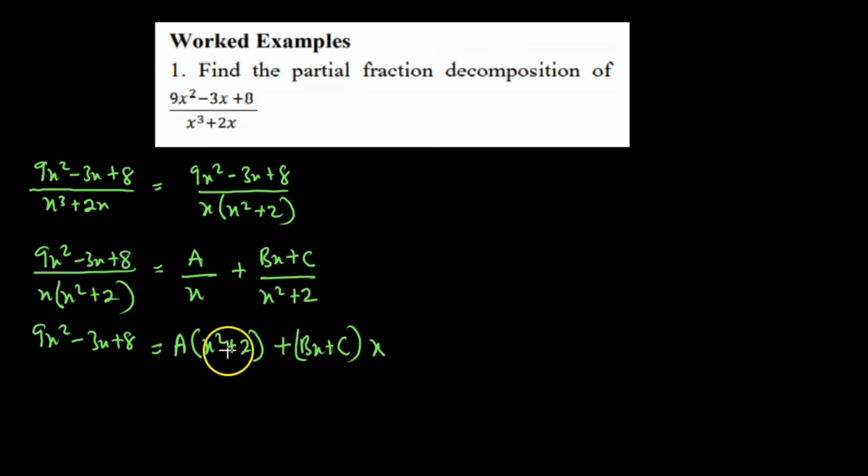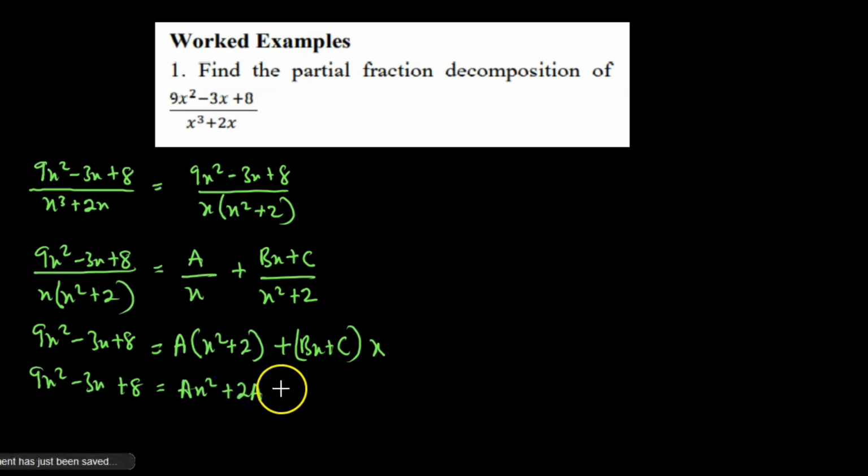So again, in order to solve for the value of a, b, and c in our equation, I'm still going to use the expansion, multiplication, and comparison approach. So we have 9x squared minus 3x plus 8 equal to ax squared plus 2a, and then plus bx squared plus cx. This is what I have.